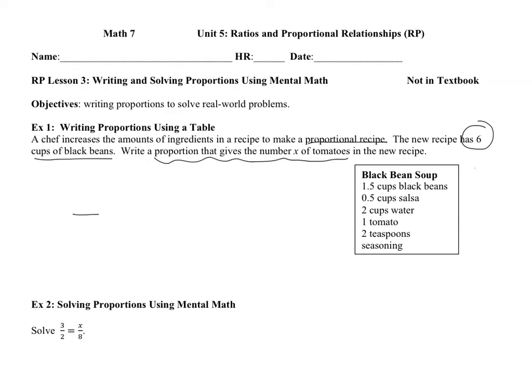We're going to make a table. I'm going to make a little bit of a table here. Kind of looks like a funky tic-tac-toe board. But what we're going to do is write those ingredients.